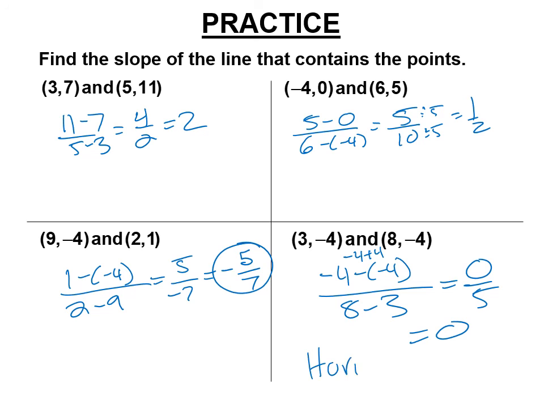So what kind of line was that? I didn't ask that, but that's a horizontal line, right? Because it has a slope of 0.